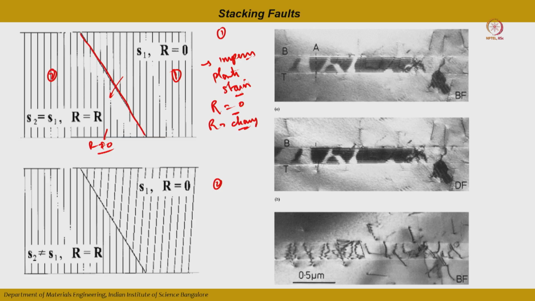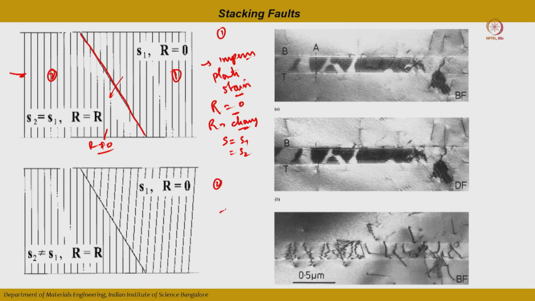It means that the fault has a displacement, but you can see that the deviation parameter S is equal at the top and at the bottom. So you are assuming that S does not vary. So there is no bending in the sample. There is no change in S, but there is a change in R. At the top R is equal to 0, at the bottom R is equal to R.